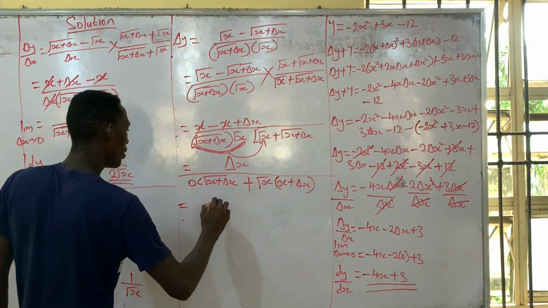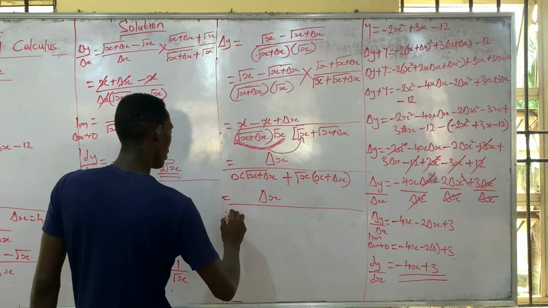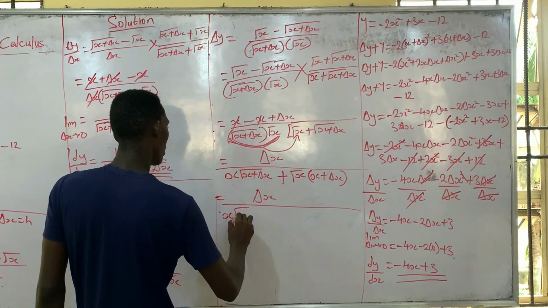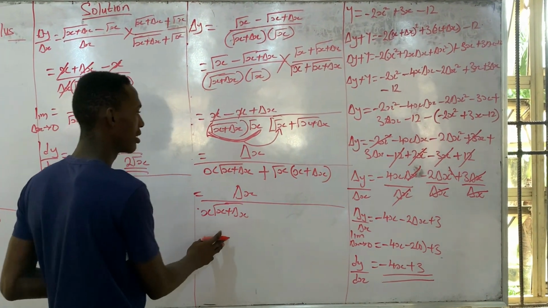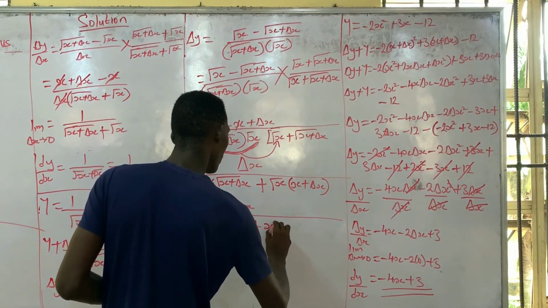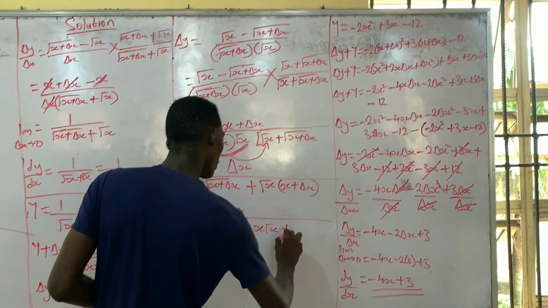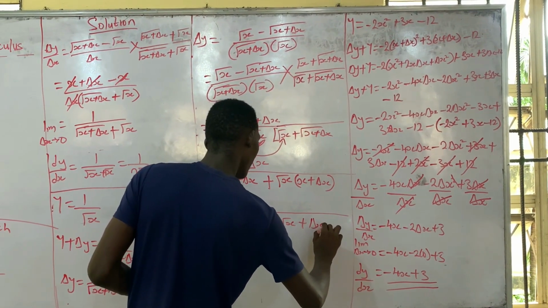Now we can complete it by saying change in x over, this is x root x plus change in x. Remember, this is in root, there's nothing you can do about it. Plus, this is x root x plus change in x over what?